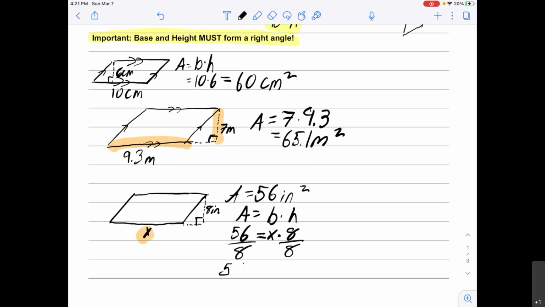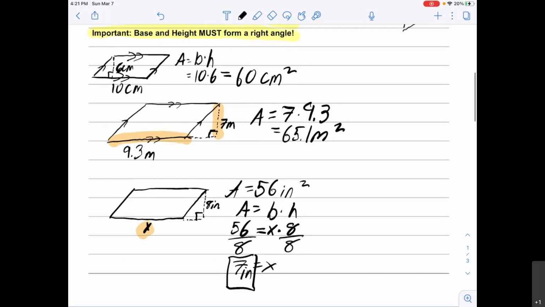And I get that 56 divided by 8 equals 7. So that's my unknown. So my unknown is 7 inches. So I could also use the area formula for parallelograms to work backwards and find a missing side length.